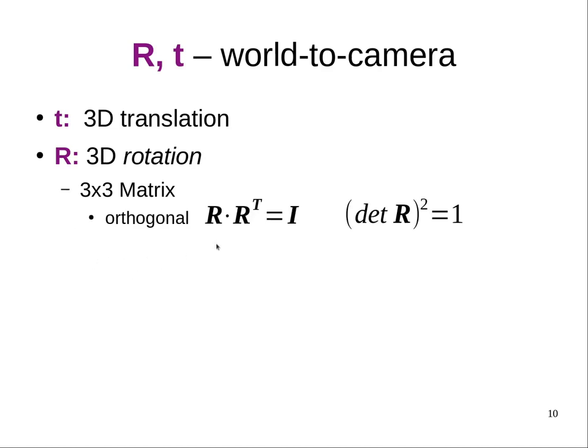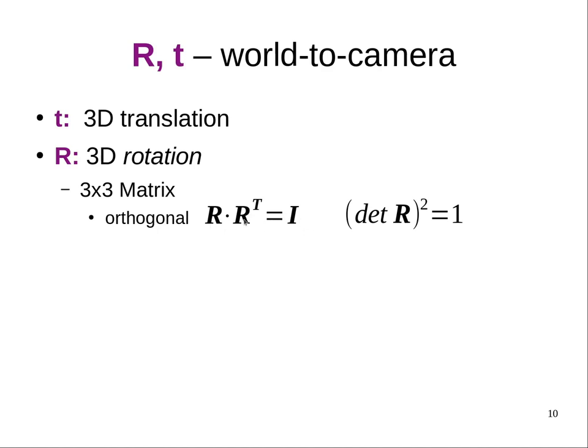This means that the inverse of the matrix is simply its transpose. So this is what this says. A consequence of this is that we now only have the upper triangular part of the matrix free, because the lower triangular part is coupled by this relation.